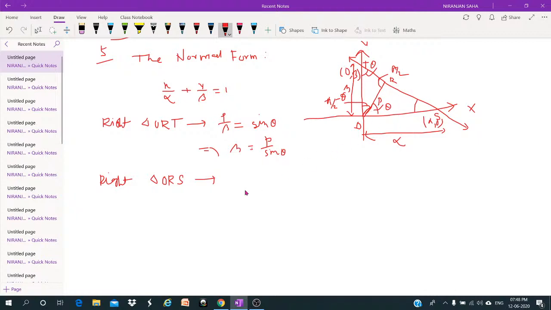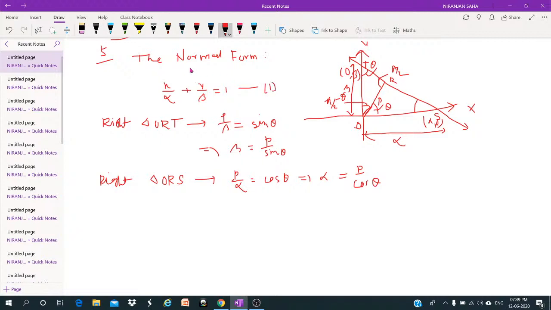So p by alpha is equal to cosine theta. So here you will get alpha equal to p by cos theta. We will replace the values of alpha and beta in equation 1.